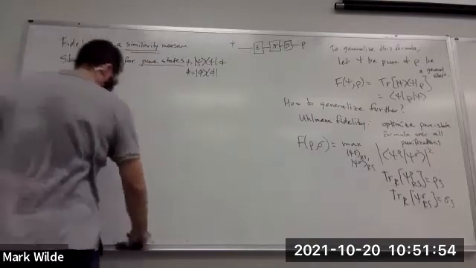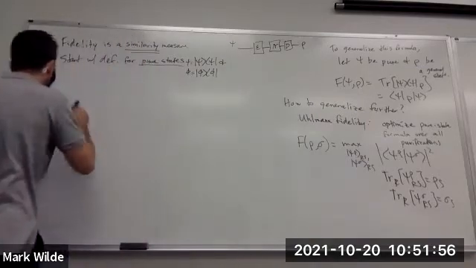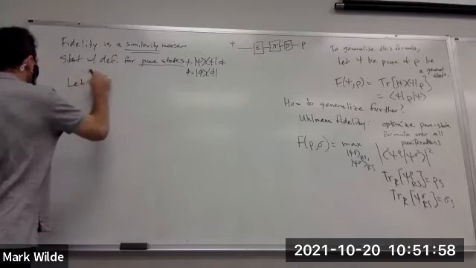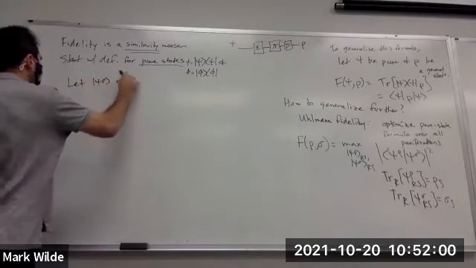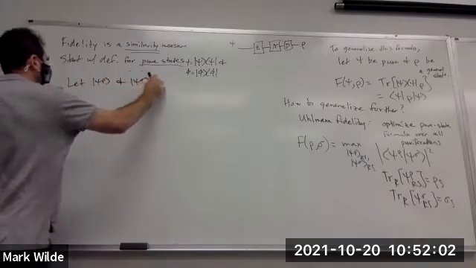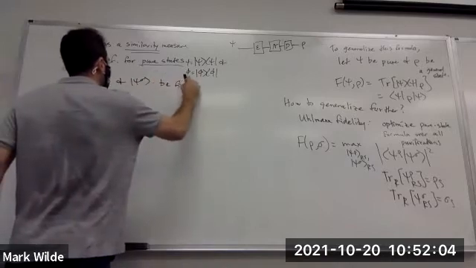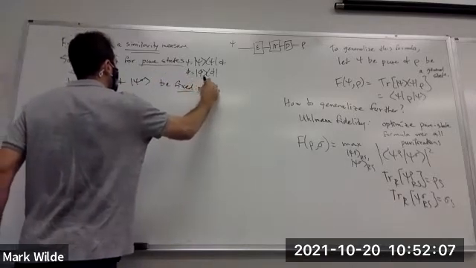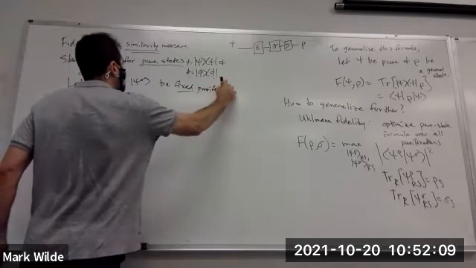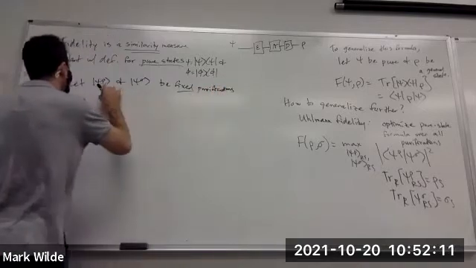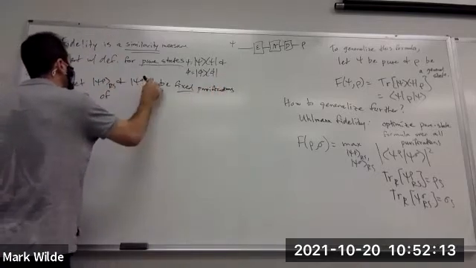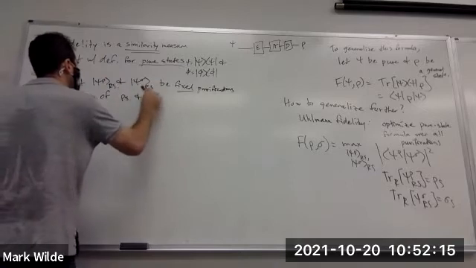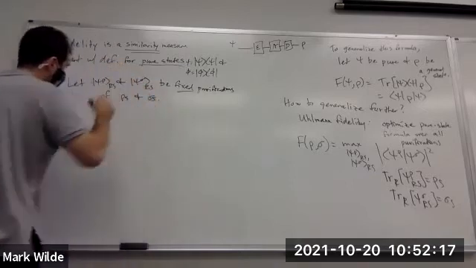So let's rewrite this formula. Let psi rho and psi sigma be fixed purifications of rho and sigma. Okay?